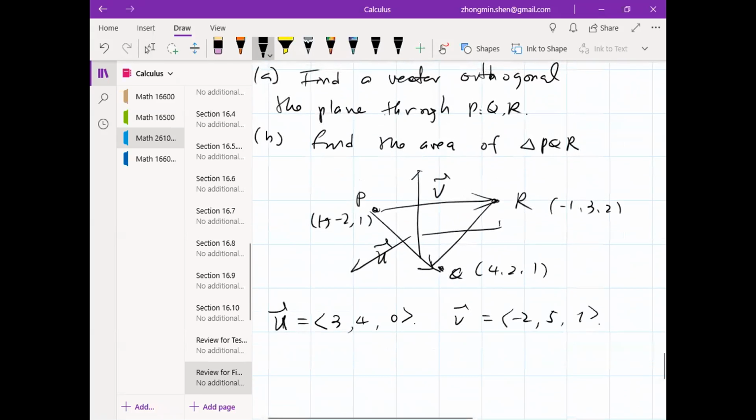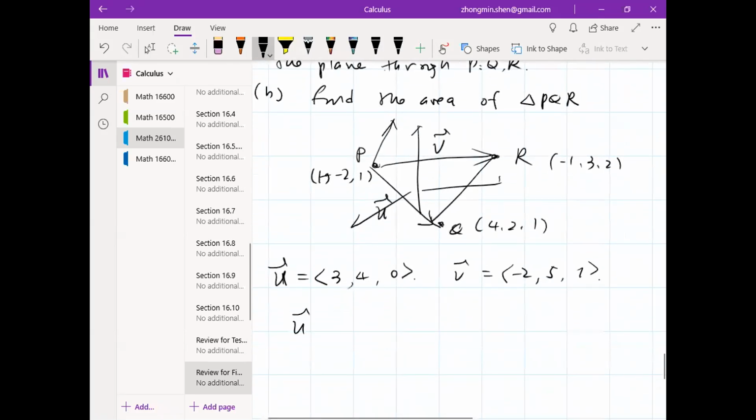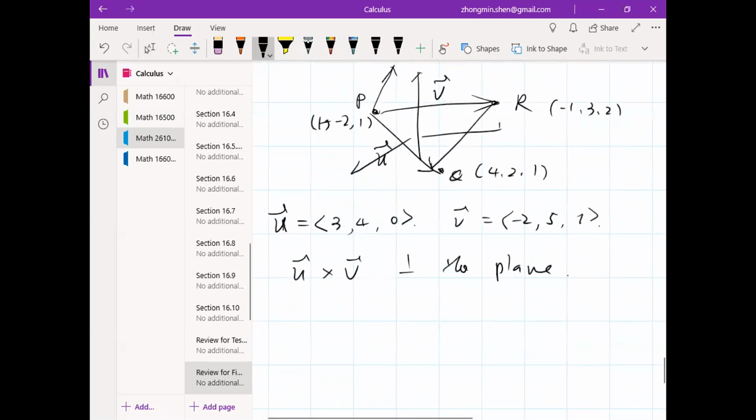So you get 2 vectors. The cross product of 2 vectors is going to be another vector perpendicular to them. So we take U cross V. This will be perpendicular to the plane of the triangle. So just find the determinant with i, j, k; 3, 4, 0; -2, 5, 1.